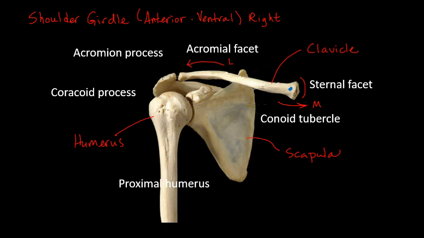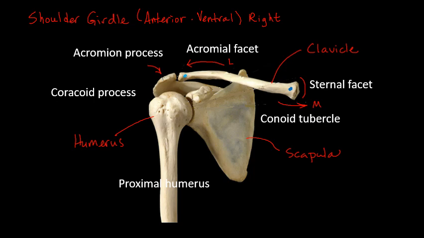And so you can feel this on your own body. If you feel your shoulder right now, that area that's sticking out, that is the acromion process. Okay, that's right here. And that is where the clavicle and the scapula articulate. So the name that we have there is the acromial facet.